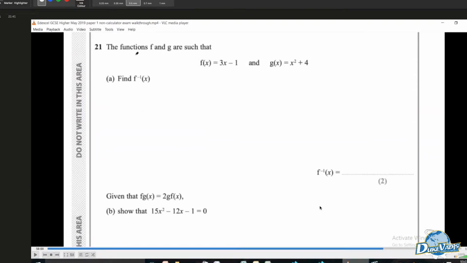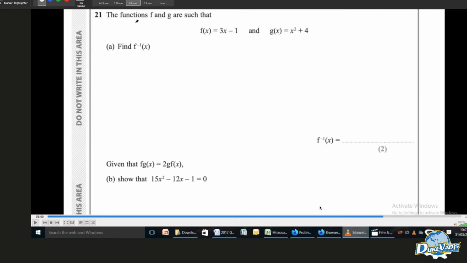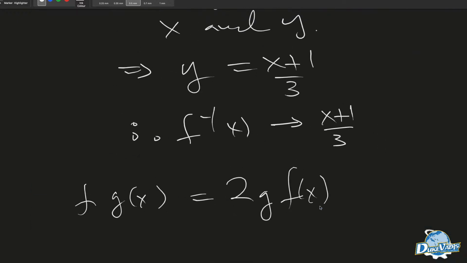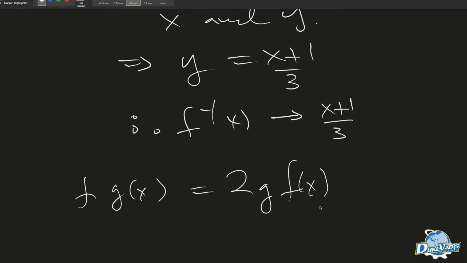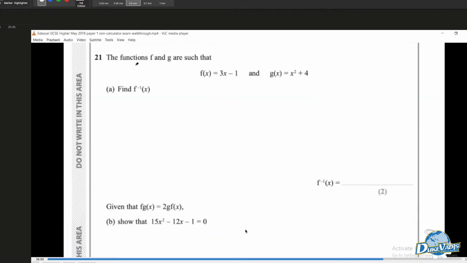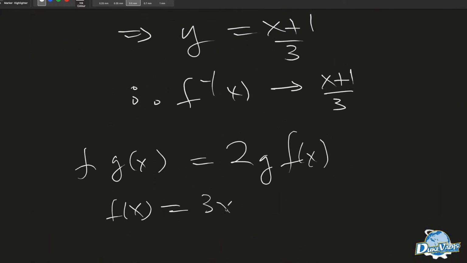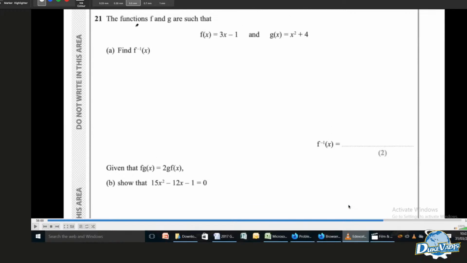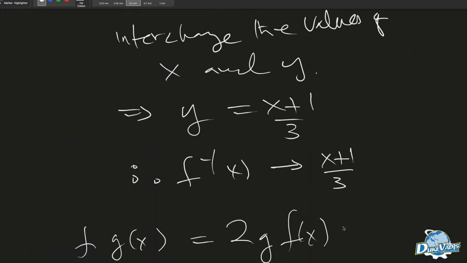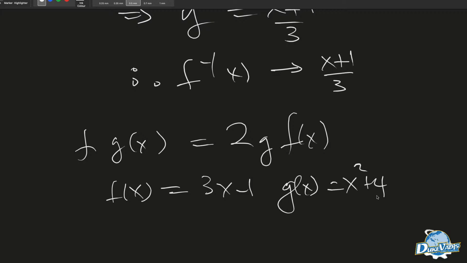So let's look at it. fg of x, and 2gf of x. We know f of x is 3x minus 1, and g of x is x squared plus 4. So we have to calculate f of g of x. fg of x means taking f and putting in g.